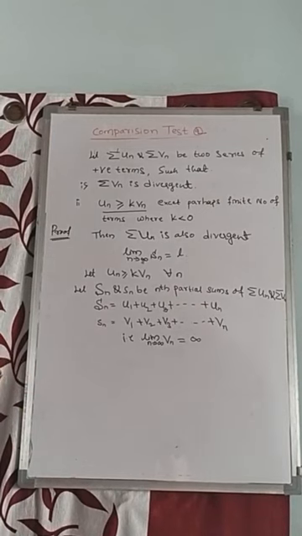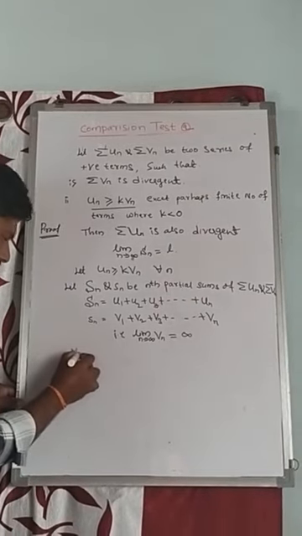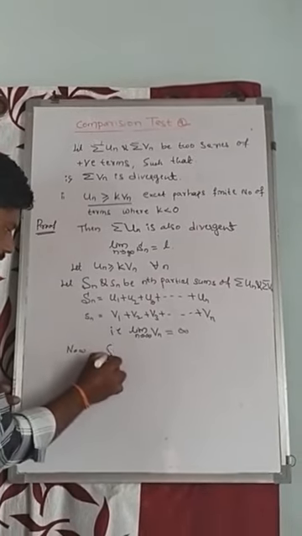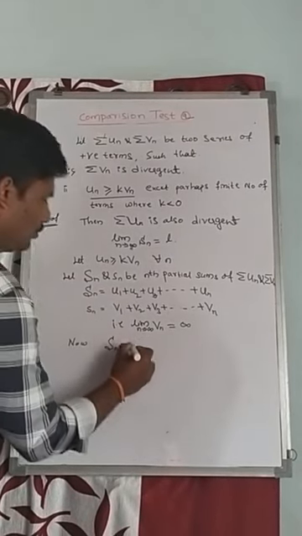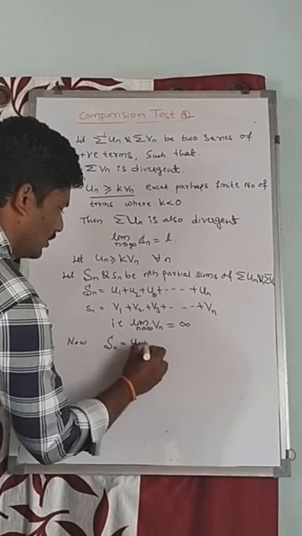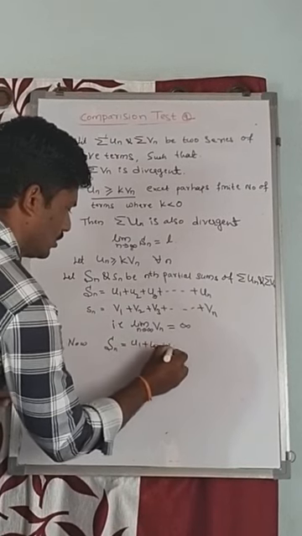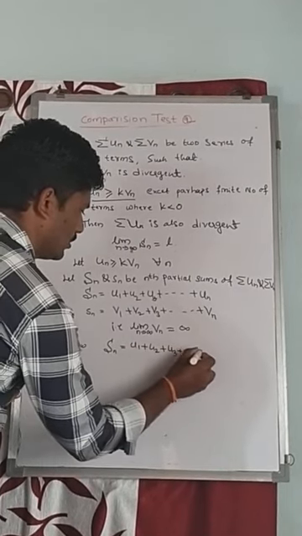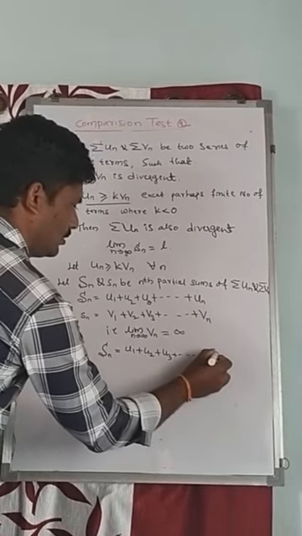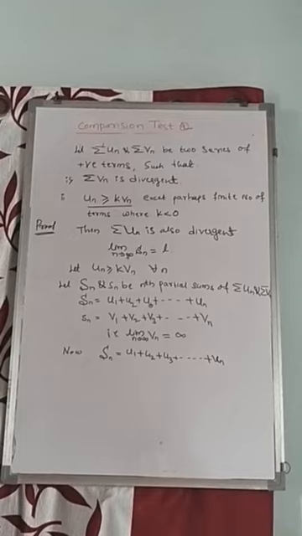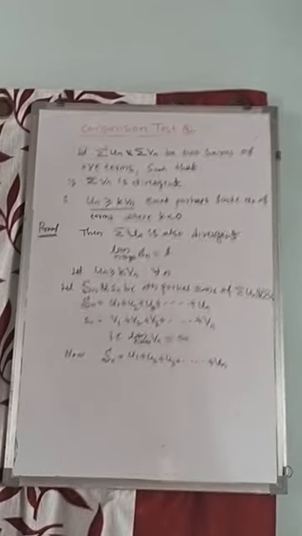Now capital Sn is equal to u1 plus u2 plus u3 plus up to un, the nth partial sum.